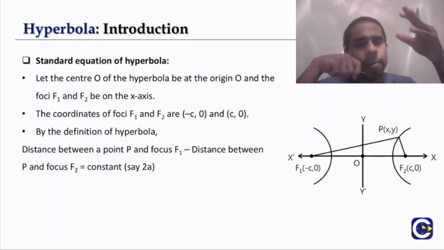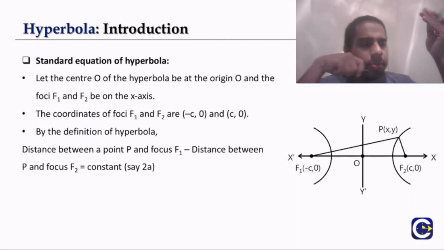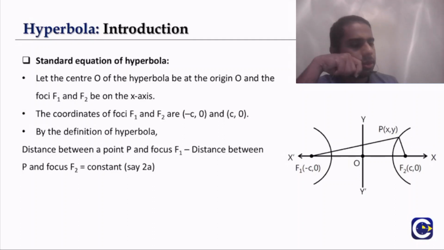For the ellipse we used the sum of the distances to be constant. Here in the hyperbola, as I also explained, the difference in the distances is constant. So it's a similar concept, you just have this x comma y here.